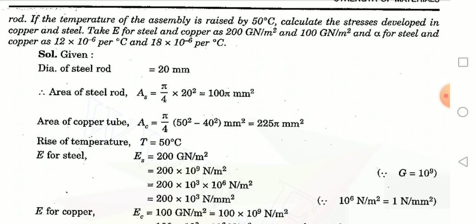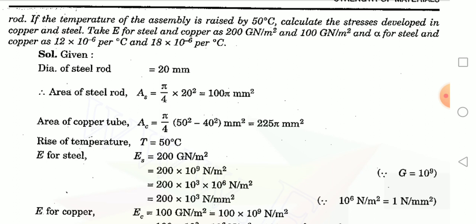Here I clearly told you that anything, first initially, we have to convert into meter squared, that is millimeter squared, and then Newton, that is kilonewton into Newton. So here the value is given as 200 giganewton per meter squared. You know that giga is 10 power 9 Newton per meter squared.